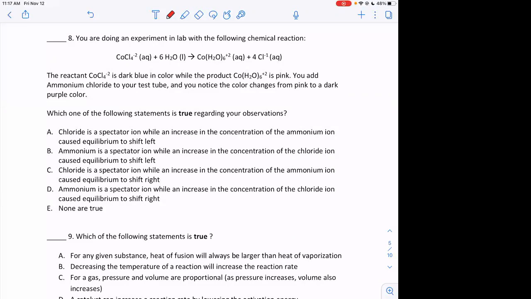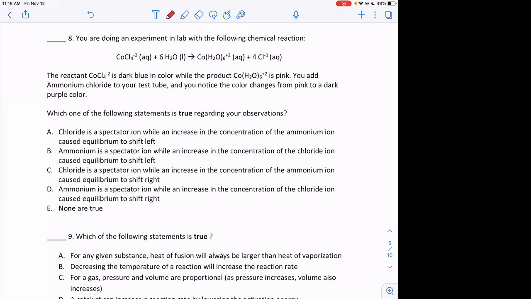Makes that hydrated cobalt and the chlorides. Says the reactant, CoCl4 with a 2- charge, is dark blue in color, while the product, the cobalt with the waters, is pink. You add ammonium chloride to your test tube. You notice the color changes from pink to dark purple. Which of the following statements is true regarding your observations?